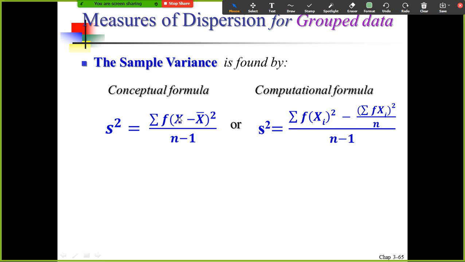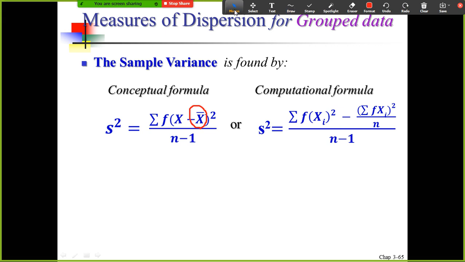I already explained a previous slide in this case. And this is computational formula. For conceptual formula, you need to find arithmetic mean. But for computational formula, you do not need to find mean or arithmetic mean.